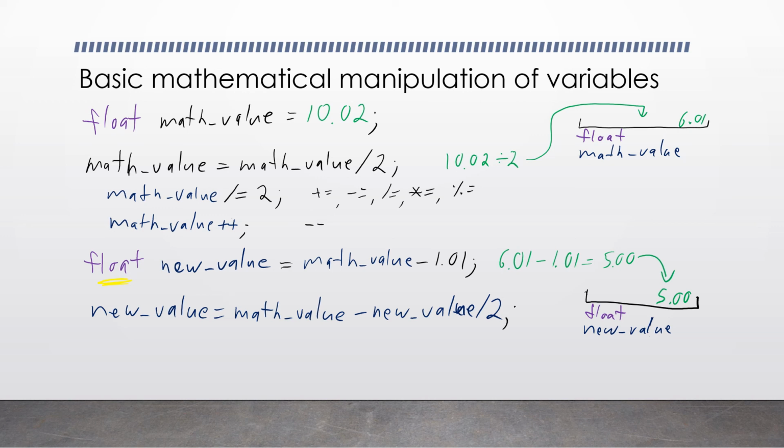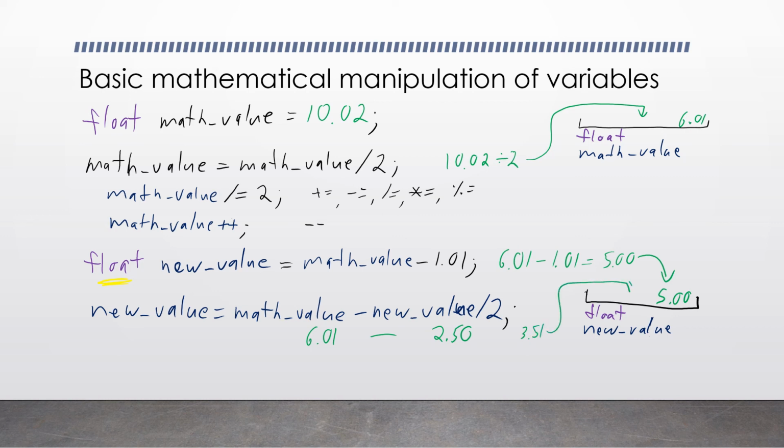So math value is currently 6.01. New value over 2 would be 2.50. And so if we subtract this, we get 3.51.